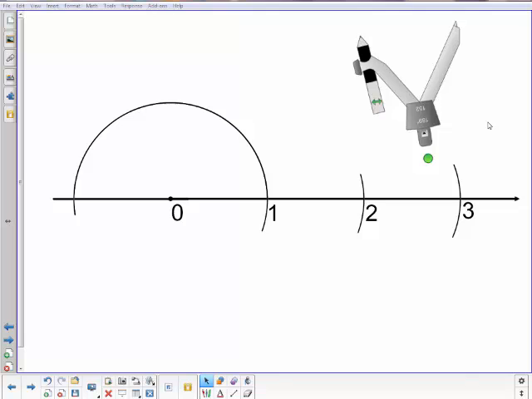I will now construct the perpendicular bisector of the segment between 1 and what would be -1 through the point 0.